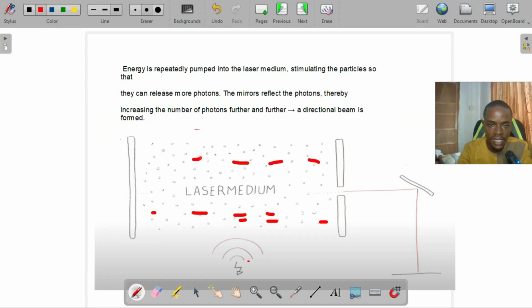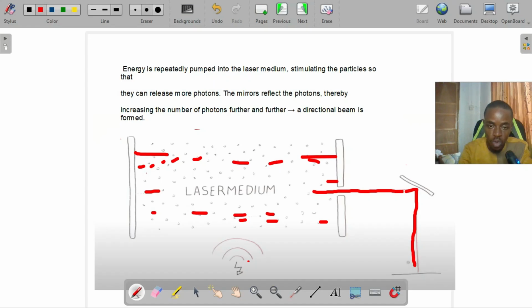Once it gets to this state, there's a narrow passage that allows it to come out. Then here you have the beam, or should I say the lens rather, that now directs it to come out for you to see.